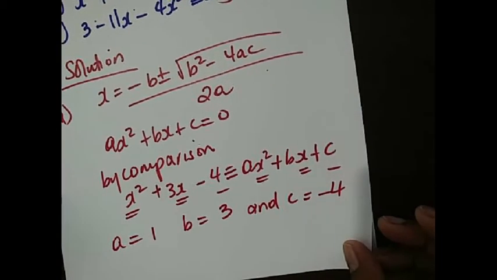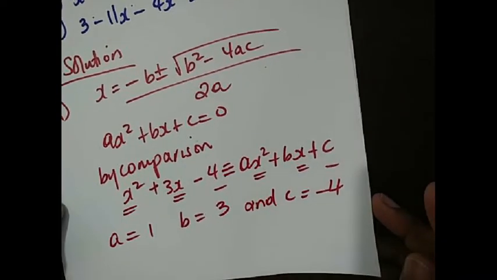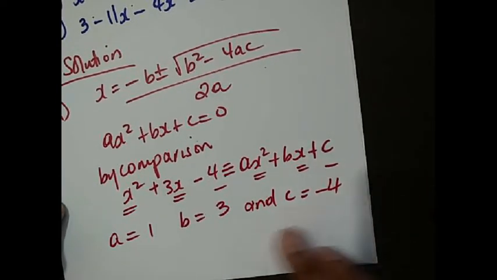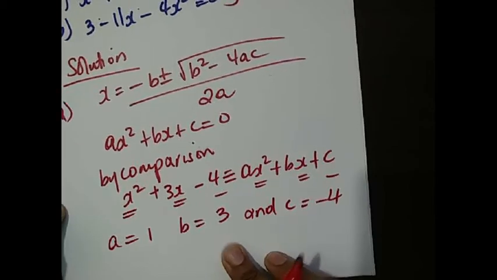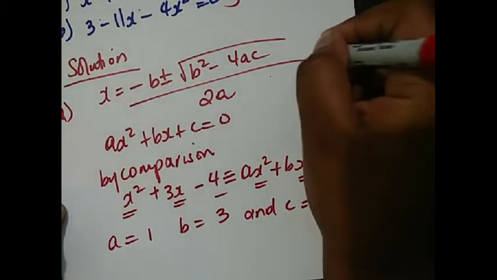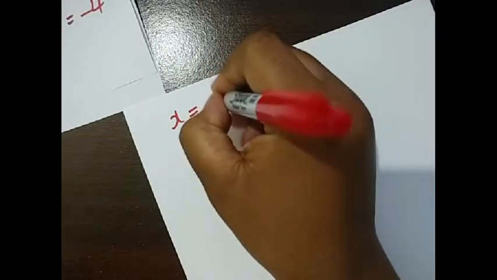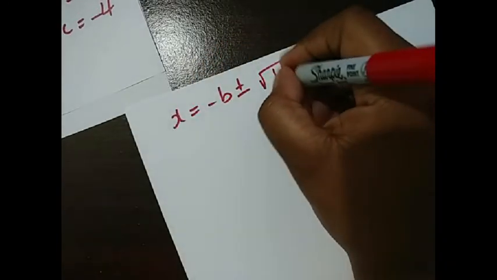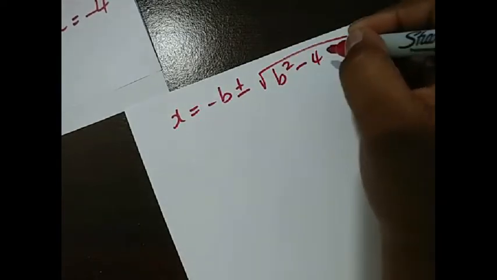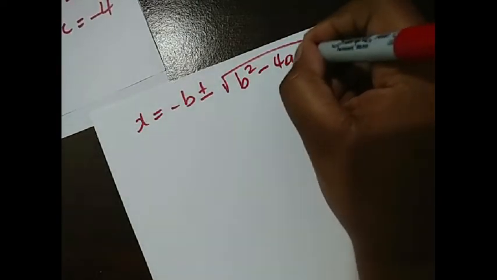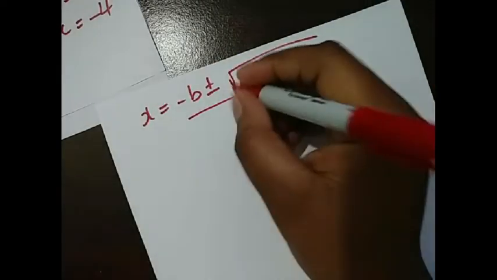Now that we have found the values of a, b, and c, we are going to substitute them into our quadratic formula. So let me rewrite the quadratic formula. There is no need to memorize it, because in any exams that you are doing, the quadratic formula will be provided.